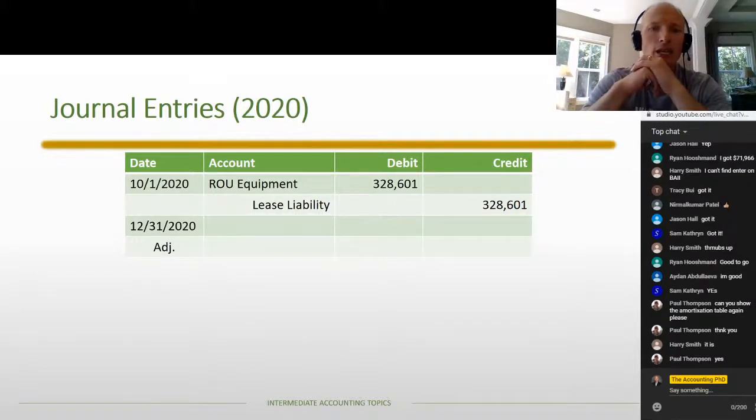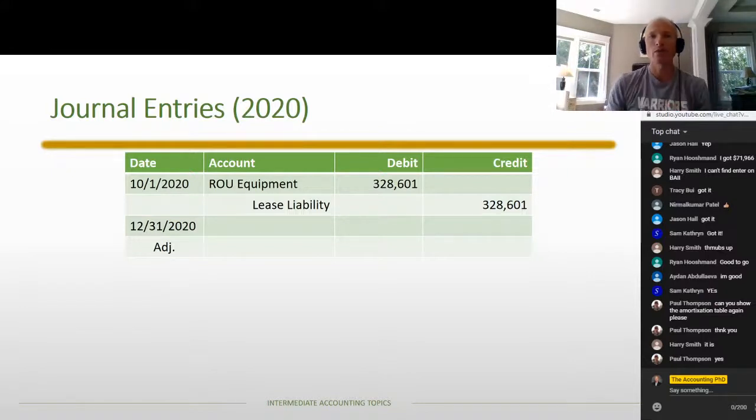So then at the end of 2020, we come to December 31st. Now, on December 31st, there's a lot of things going on that we need to pay attention to. First of all, we have been amortizing the lease liability and incurring interest expense related to that lease liability since October 1st, 2020. So there's been 2 months of that process going on. We've also been amortizing the right-of-use asset.